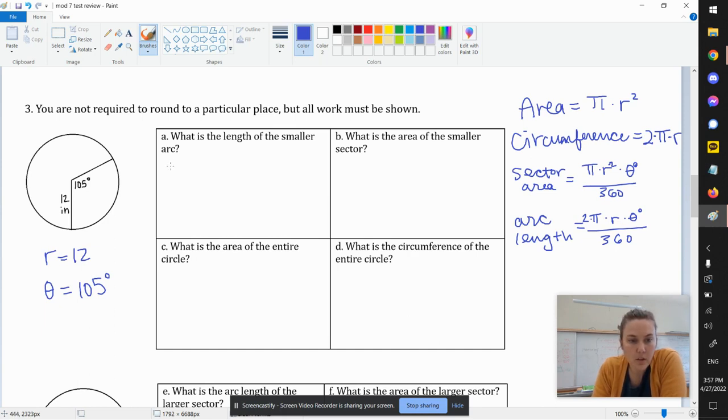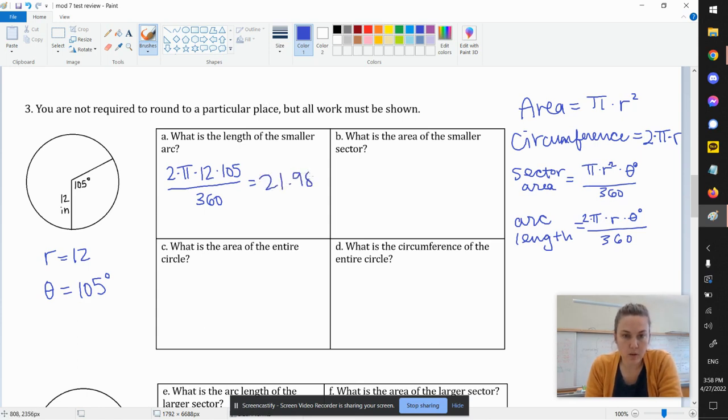The length of the smaller arc is 2 times pi times 12 times 105 divided by 360. I'm going to plug in 2 times 3.14 times 12 times 105 divided by 360 and get 21.98 inches.